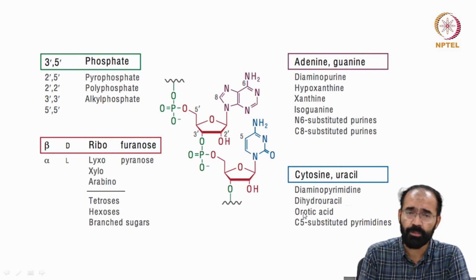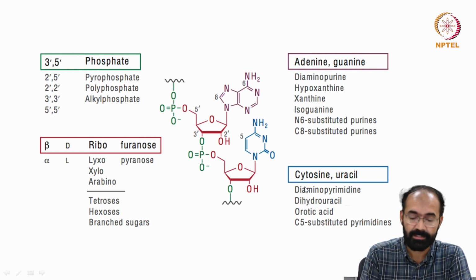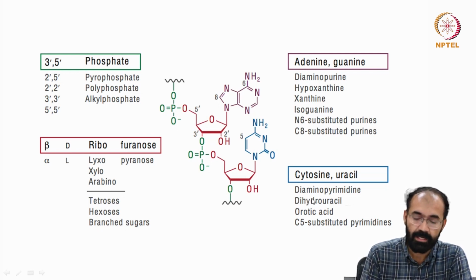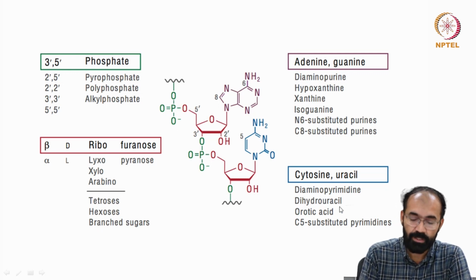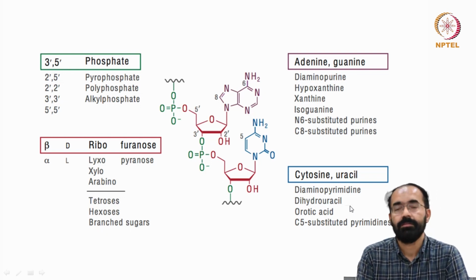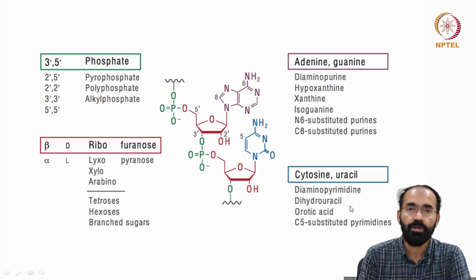And in the bottom, you have a list of pyrimidines, that is cytosine and uracil are given in circle, whereas you also have diaminopyrimidine, dihydrouracil, orotic acid, etc. And so what this shows is that in the prebiotic world, due to a lot of physical and thermal activity, a lot of molecules could have been formed and existed. However, not all of them are recruited into the RNA structure. Some of them are recruited. What could be that reason?